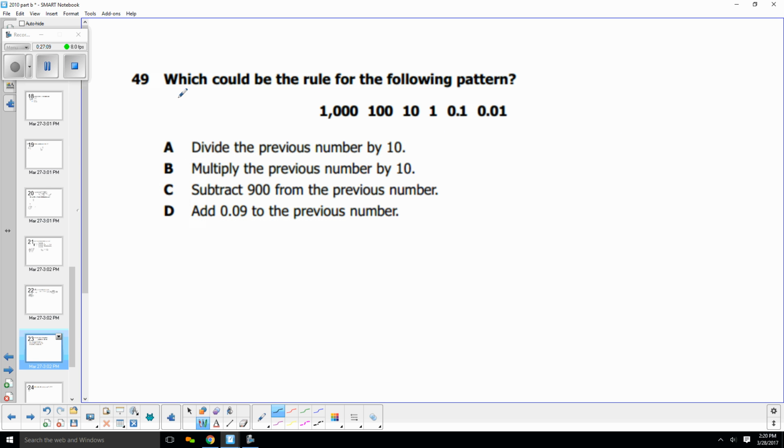49. What can be the rule for the following pattern? Kaylee? Okay, so at this point it would be A or C, and how did you decide that it was A?